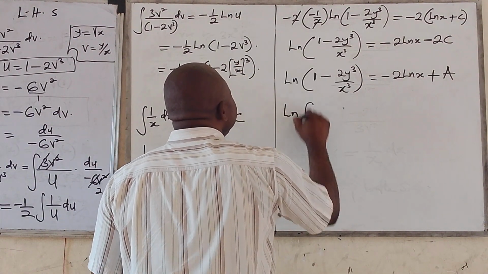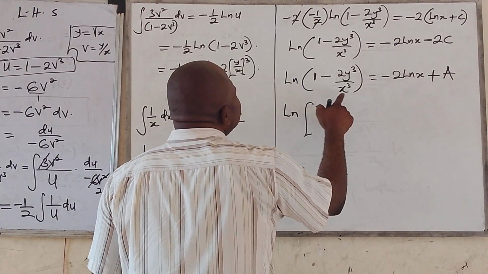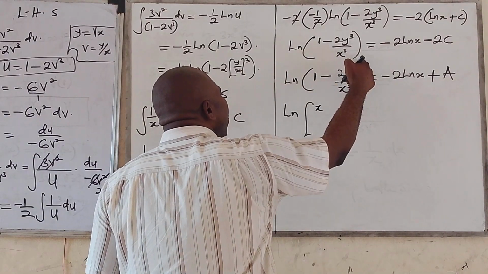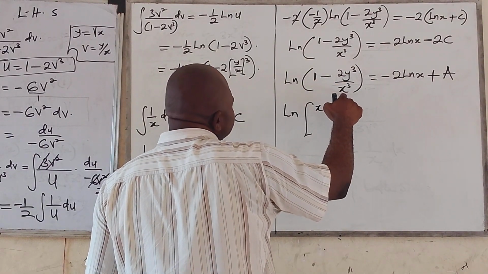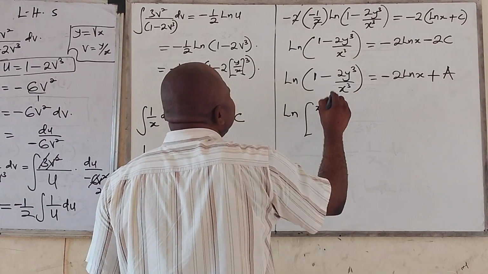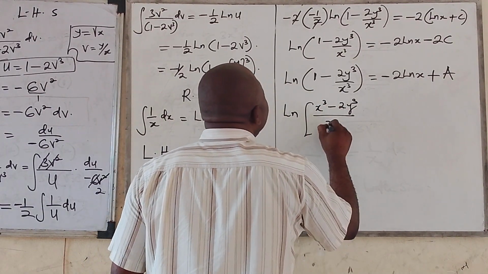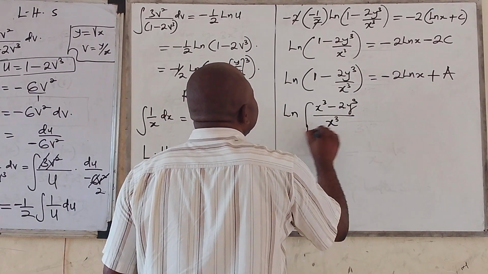So this is the same as saying ln of x raised to the power of 3 times 1 minus 2y raised to the power of 3 divided by x power 3. So we have x power 3 minus 2y power 3 all over x raised to the power of 3.